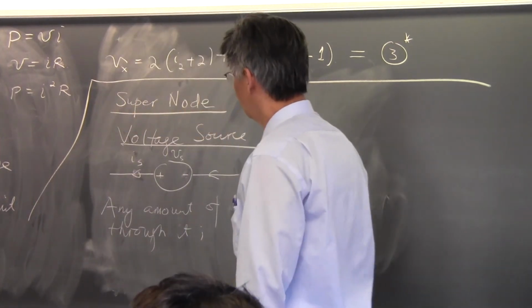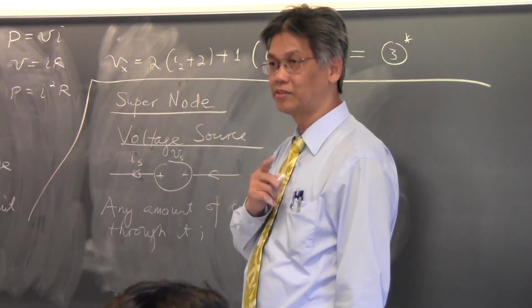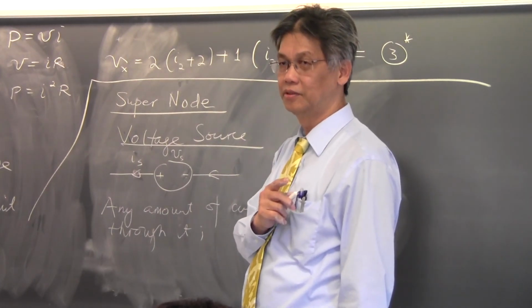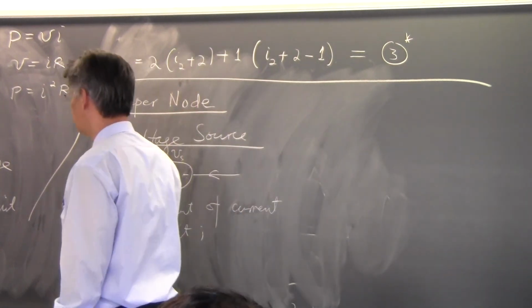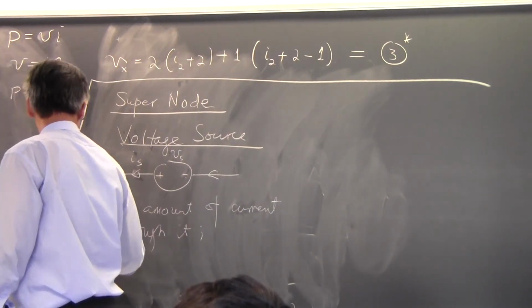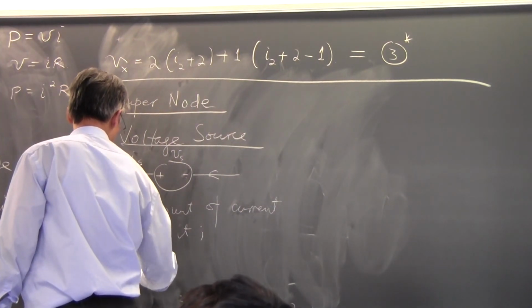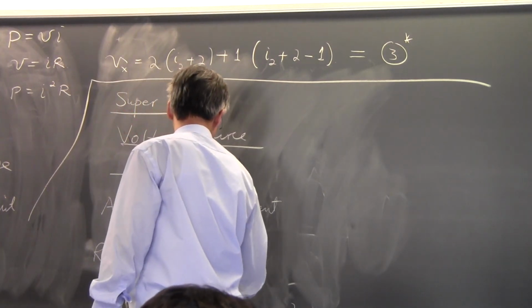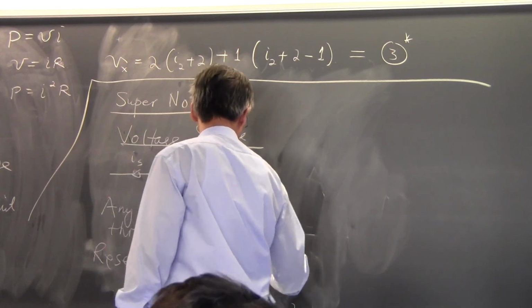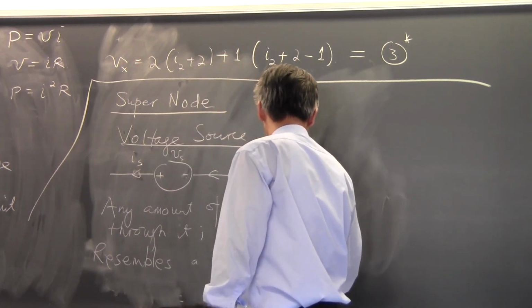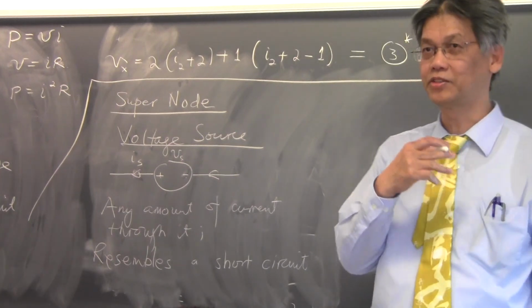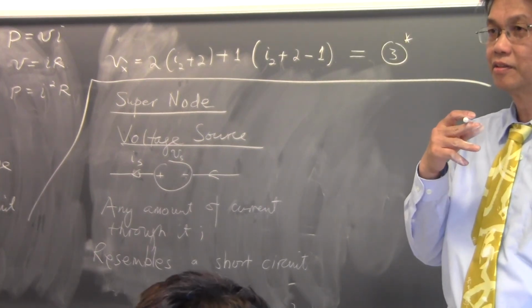Okay? So in a sense, it resembles a short circuit. A short circuit is like that. You can pass any amount of current through a short circuit. Okay, it resembles a short circuit, but with a voltage drop across the short circuit.